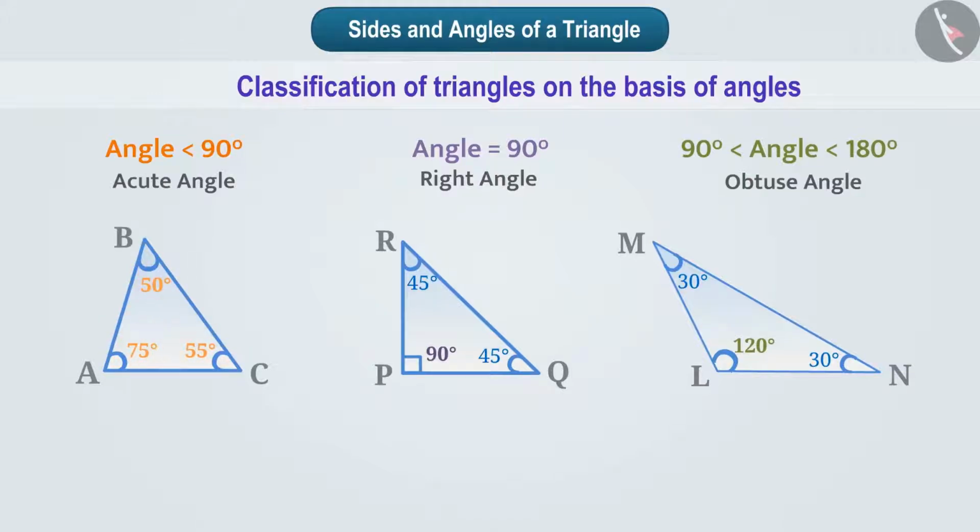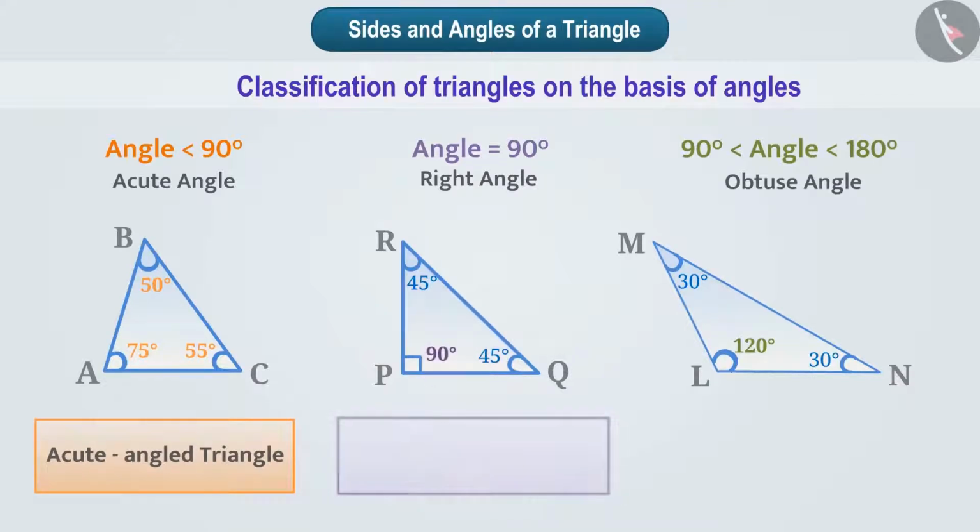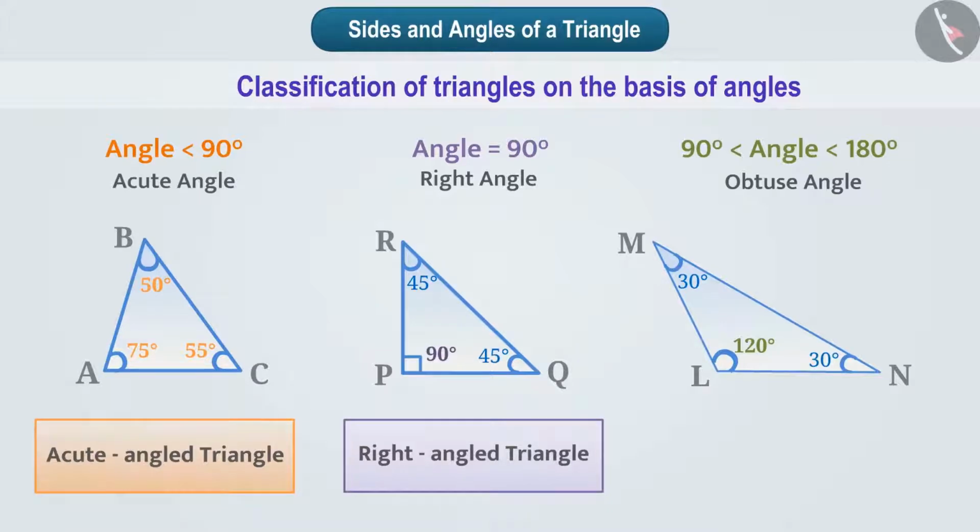A triangle with all angles acute is called an acute angled triangle. A triangle that has a right angle is called a right-angled triangle. Keep in mind, the right angle is represented this way.